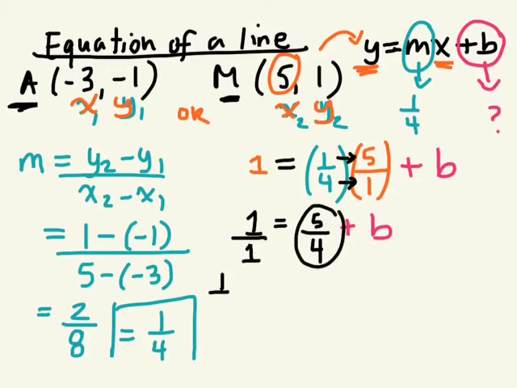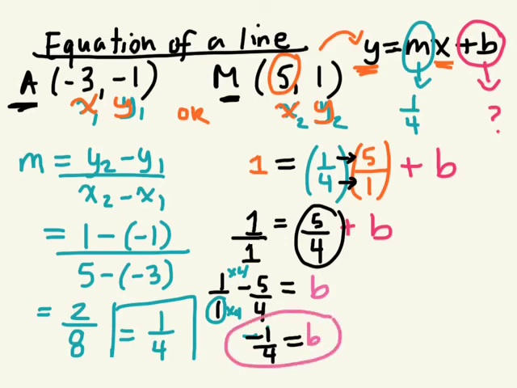Subtract. 1 over 1, take away 5 over 4 equals b. We need to have a common denominator because we have two fractions here. What's the common denominator? Multiply by 4, and we have 4 over 4, take away 5 over 4. What's 4 minus 5? Negative 1 over 4 is equal to b.